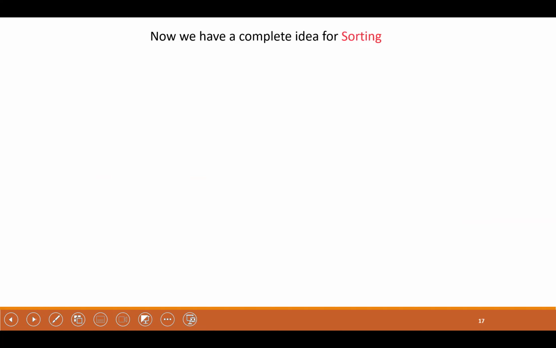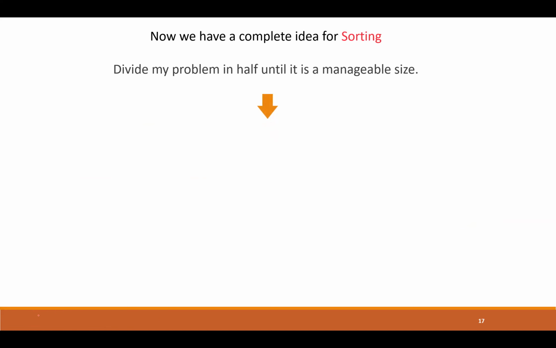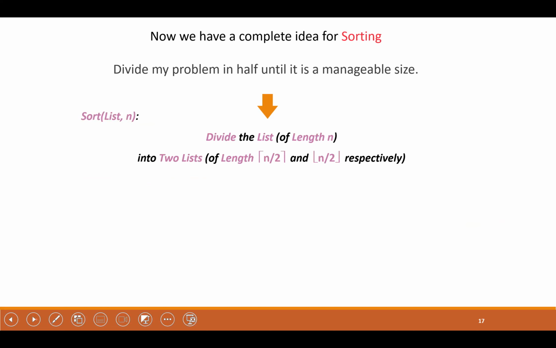Okay, so now we have a complete idea for sorting, right? We divide the problem in half until it's a manageable size. So our base case is size 0 or 1, and in that case, it's sorted.